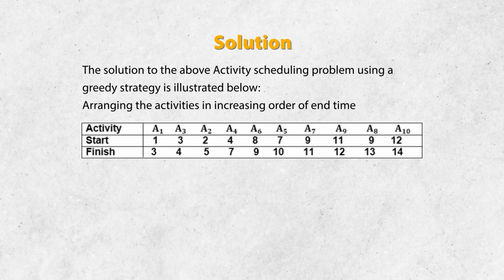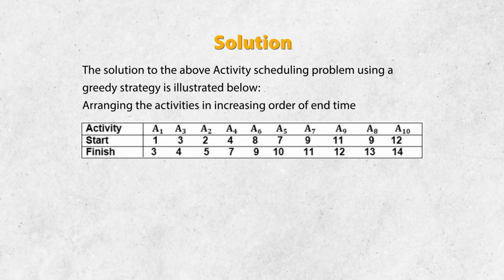Another is 4. So the finishing time is 4. Now it corresponds to the activity A3. So write that activity here. Then another finish time is 5, which belongs to A2. In a similar way 7, 9, 10. So arrange all the activities in increasing order of their end times.